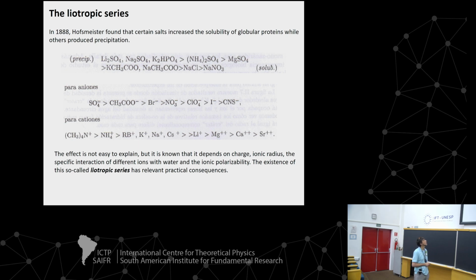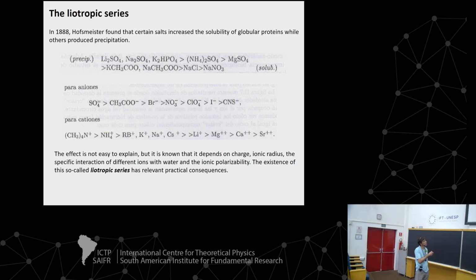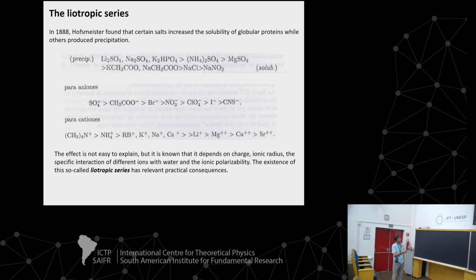Okay. One interesting observation was the Hofmeister series. This was a very old observation in which certain salts increased the solubility of globular proteins. This was a series that was not very well understood, but you have a series for anions and also for cations and for whole salts here.